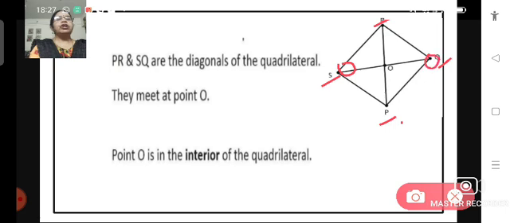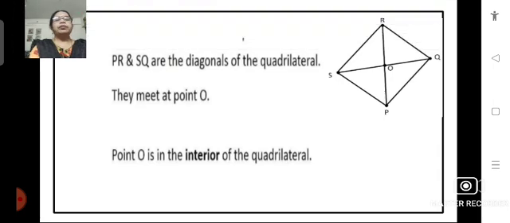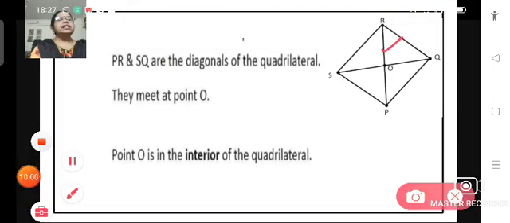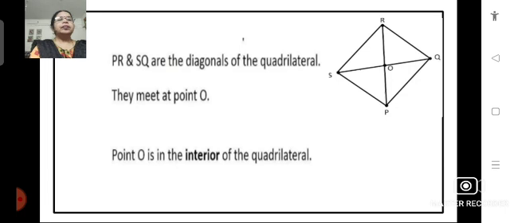So QS is one of the diagonals, or SQ is one of the diagonals, and another diagonal is PR. So this is one of the diagonals and this is another diagonal. They meet at point O, and point O is in the interior of the quadrilateral.